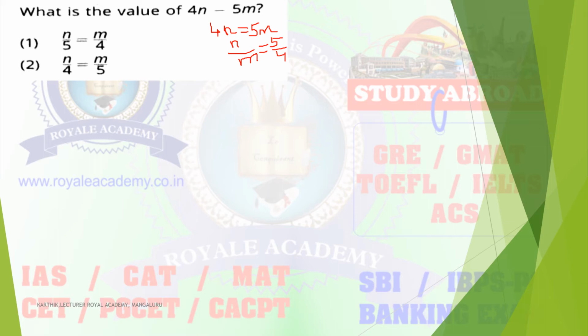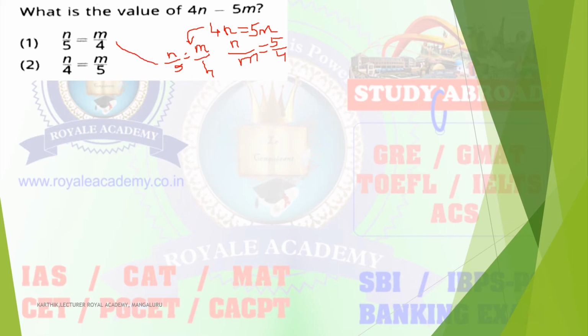Based on this information, or else you can rearrange it. How can we rearrange? Keep n here only: n is equal to 5 times m divided by 4, since the 4 goes to the denominator.